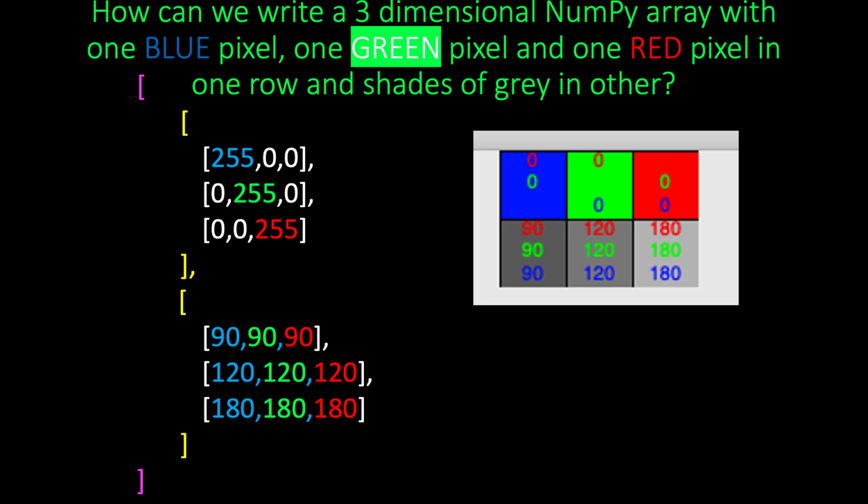So here the 2 yellow brackets are for rows, and then the white square brackets are for the columns. And by just putting some numbers inside the NumPy array, we can create colors. And if we want to make shades of gray, we just keep the BGR values as the same number. So again, we are going to write this in code.